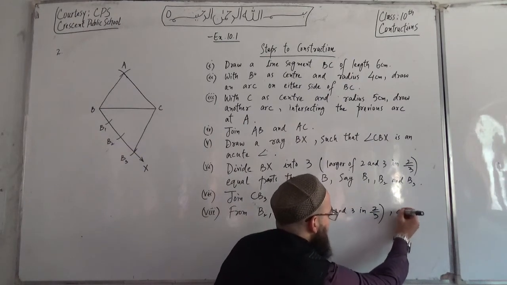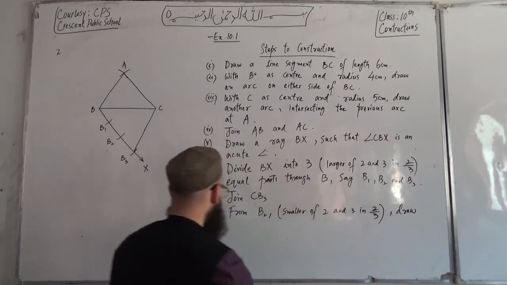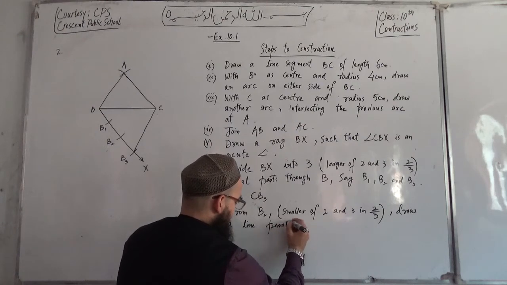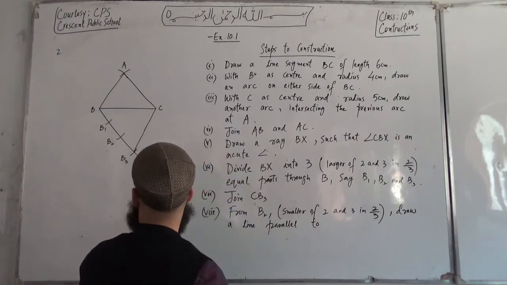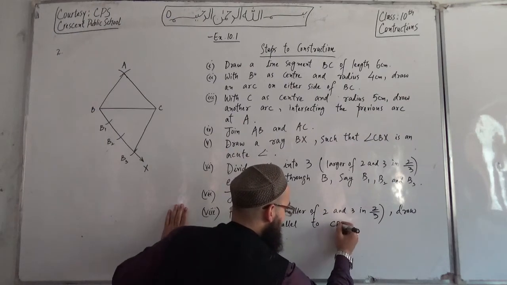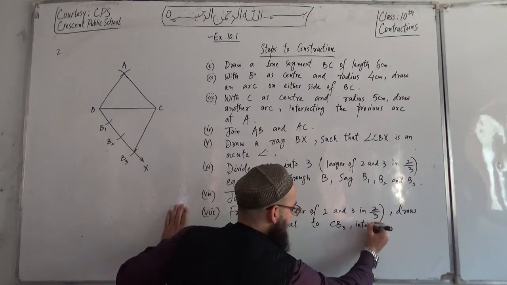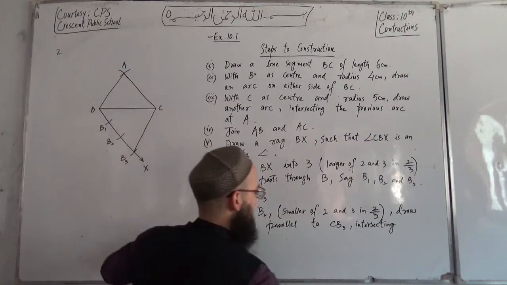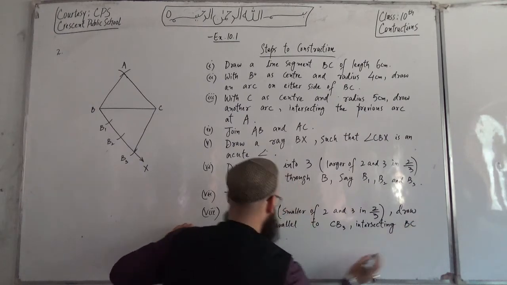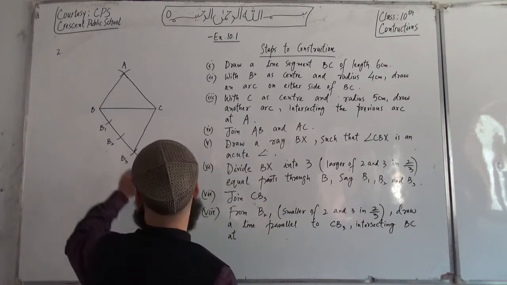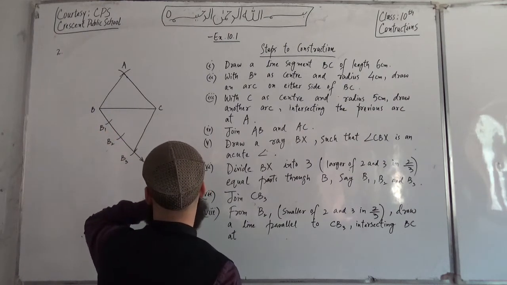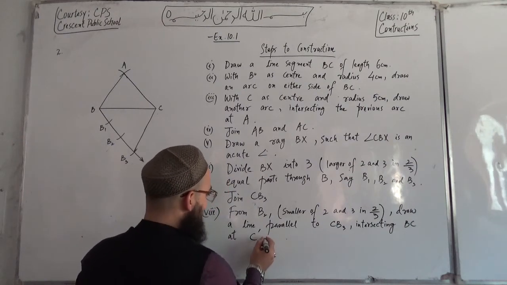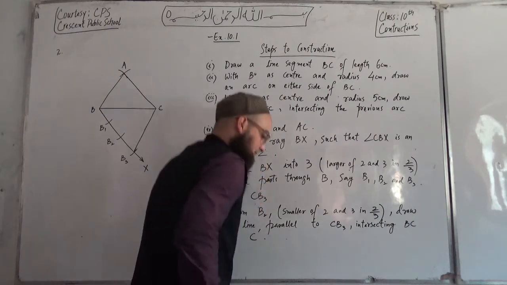From B2, draw a line parallel to CB3 intersecting BC at, say, C dash.